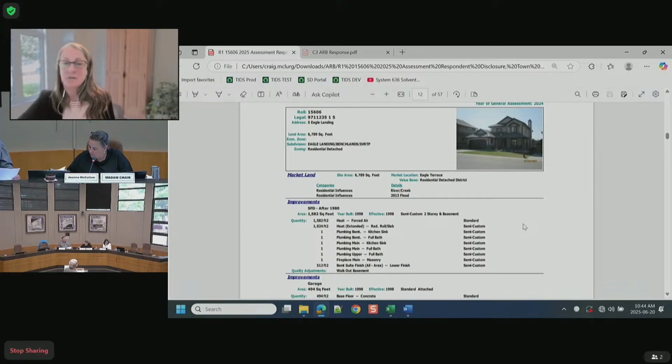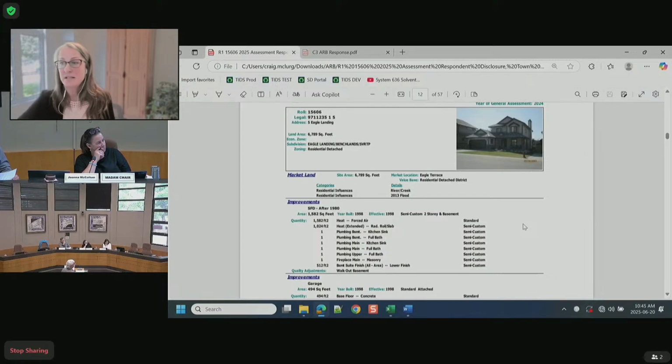But the information that we prepared and provided to both yourself and to the board through the complaint process and through the inquiries as well prior to a complaint being filed does show a good level of information about the subject property, as well as the information regarding the sales comparables.